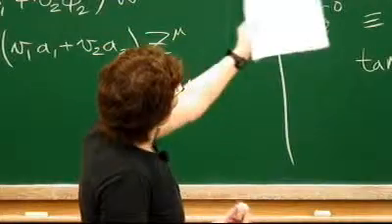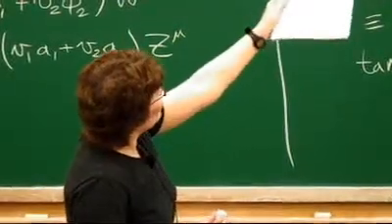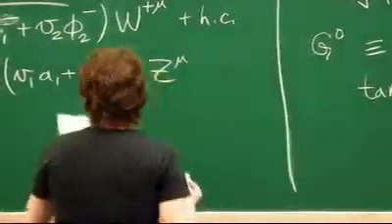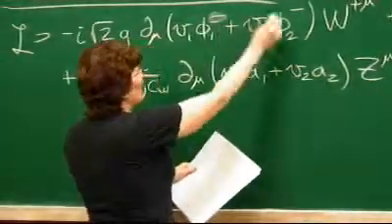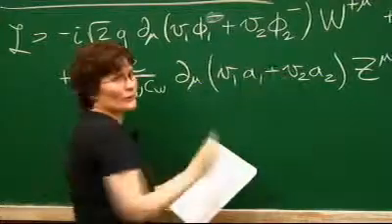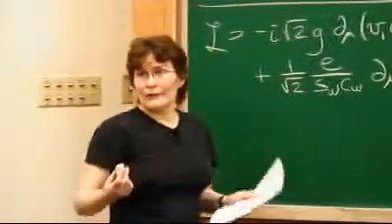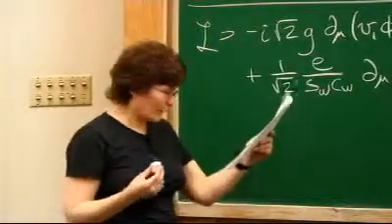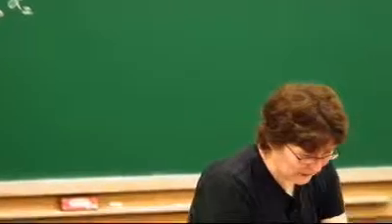And what happens to a field when you act on it with T3 plus minus S squared theta W Q is different for different representations. So you might get different coefficients in the charged part and in the neutral part when you're dealing with doublets plus other representations that are larger than doublets. Okay, but this is working in general.